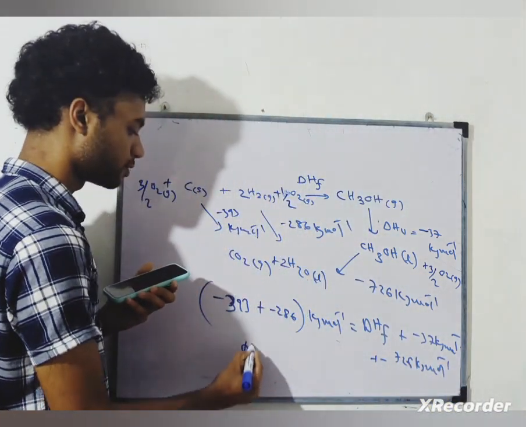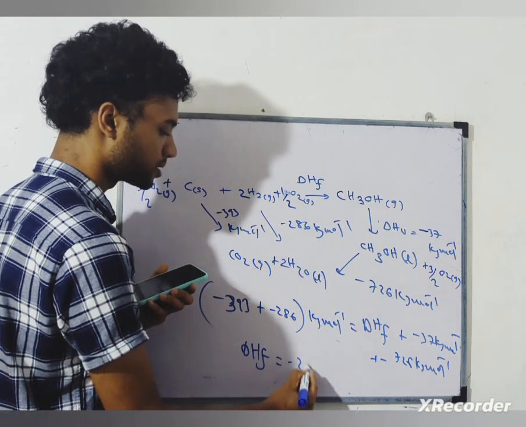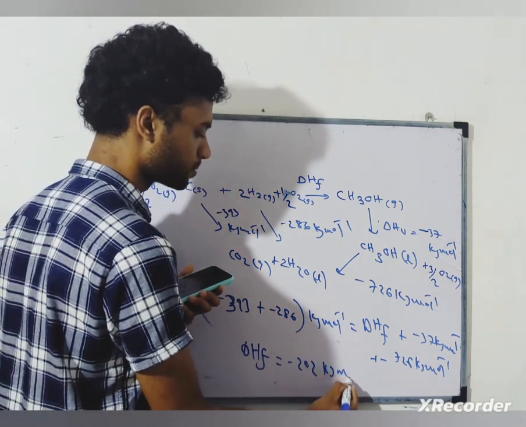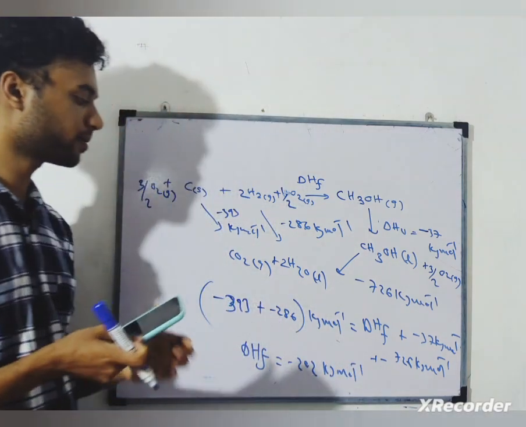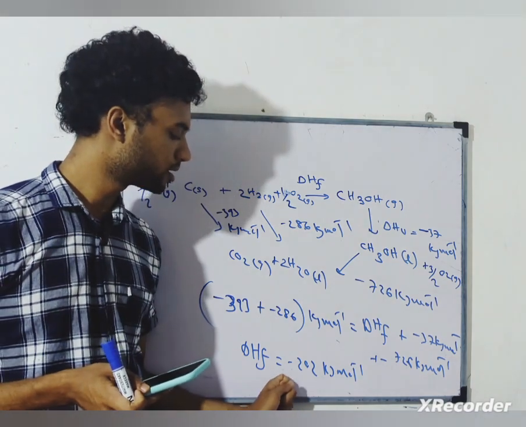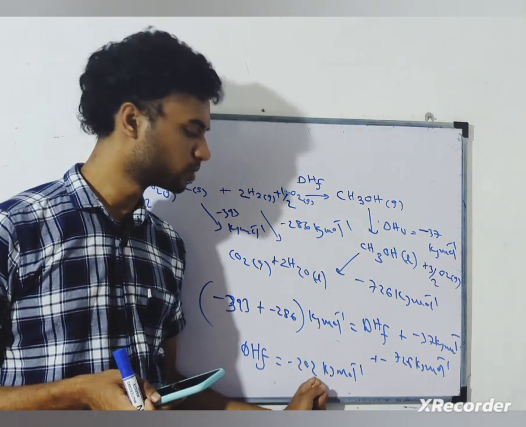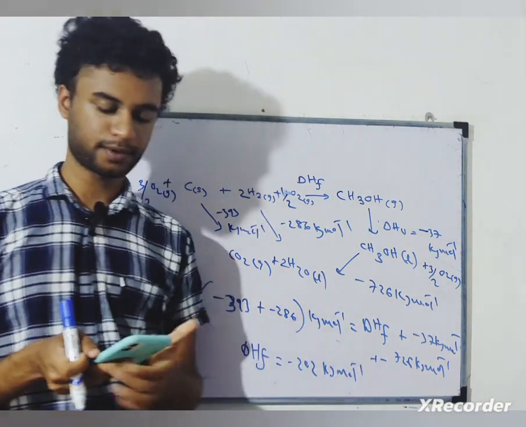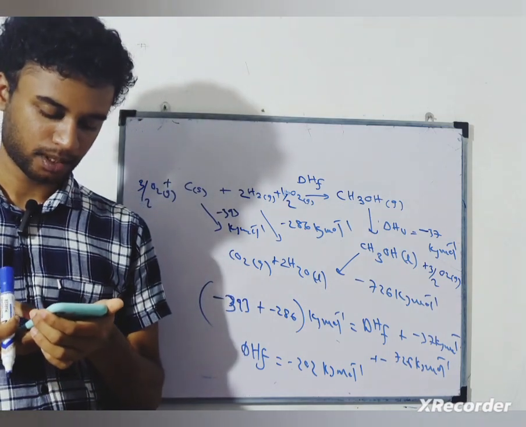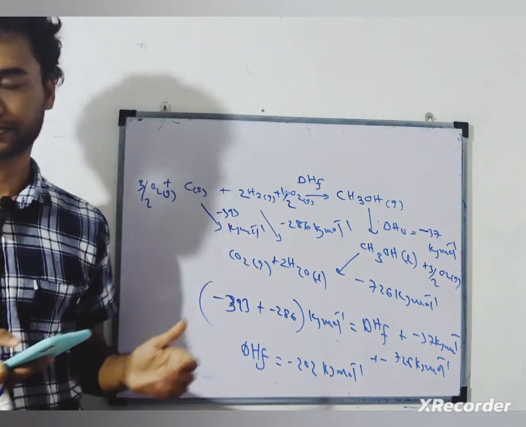Then I get delta HF to be equal to minus 202 kilojoules per mole. I hope you understood this, right? Here delta HF is equal to minus 202 kilojoules per mole, right? So that's the answer there.